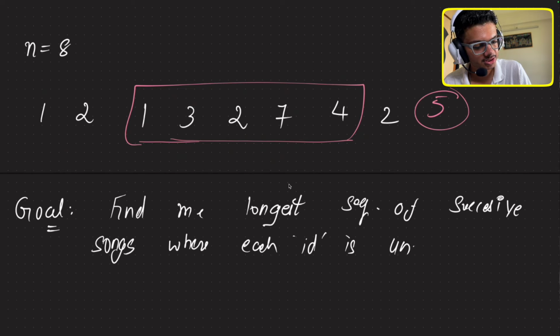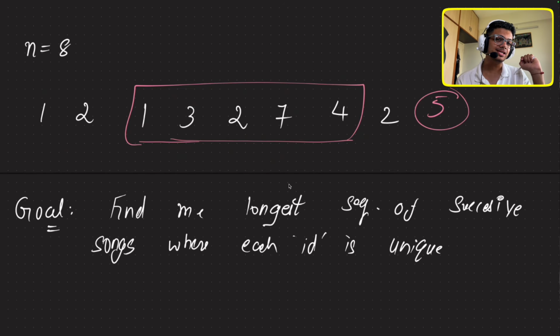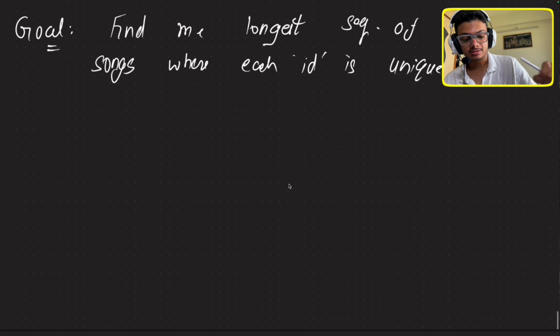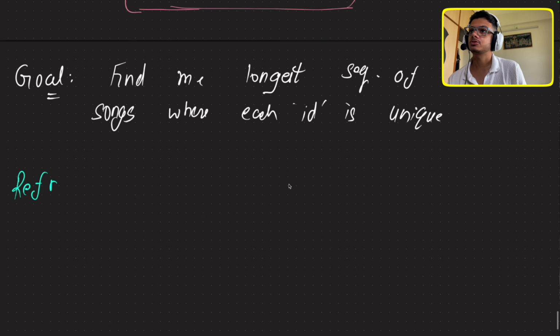That's what this question is asking you. If you think a bit, can you reframe this as the longest subarray having unique IDs? You can, right? They told me to find the longest sequence of successive songs where each ID is unique, right? So this question can be simply reframed. I'll maybe write here.